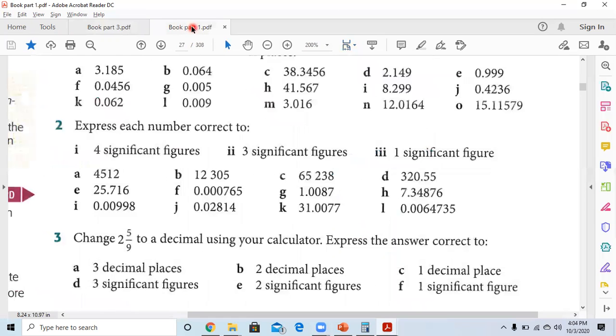Now here, likewise I will also write the answers for the first question. For 4 significant, no need to change: 4, 5, 1, 2. Okay, so same like that you just solve the other parts.